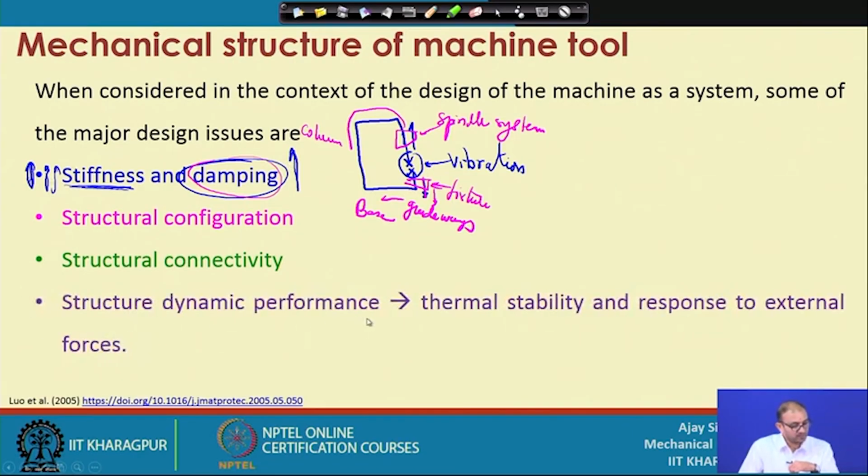Structure dynamic performance, that means when you are operating the machine, what is happening to the structure. Thermal stability is important, because we know that there are many moving components which are in physical contact. That means, if you are using an air bearing, there is no physical contact, oil bearing no physical contact, but when you are using a ball bearing or some other bearing there are physical contacts.